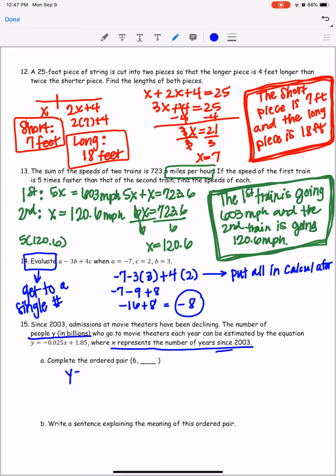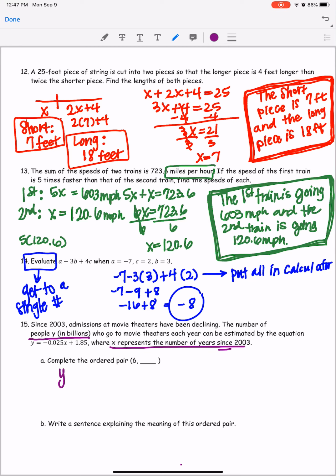And let me rewind a little bit, guys. I'm going to put this in a different color. So we're putting this in this equation. So 6 is my x. We are trying to figure out what is my y.